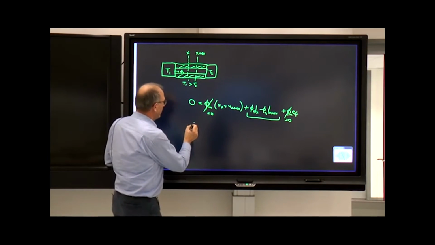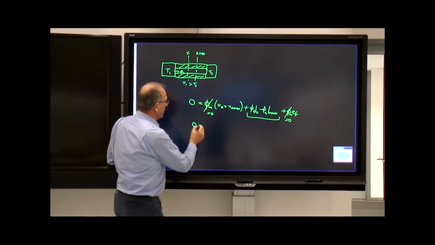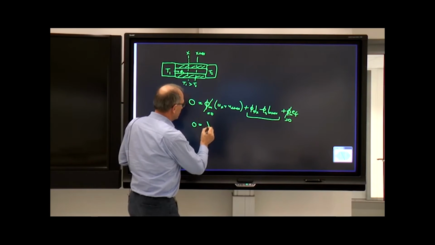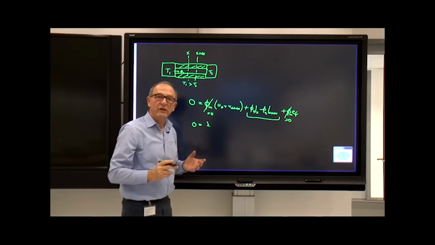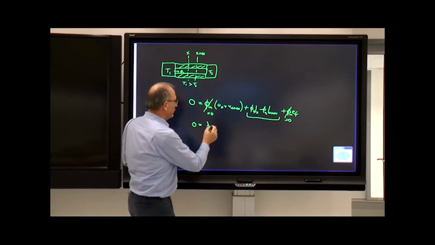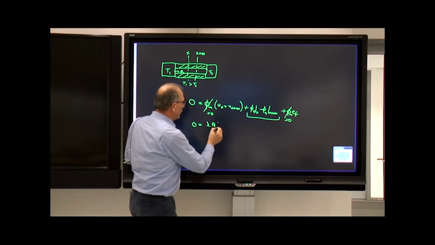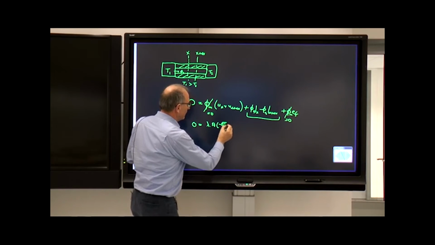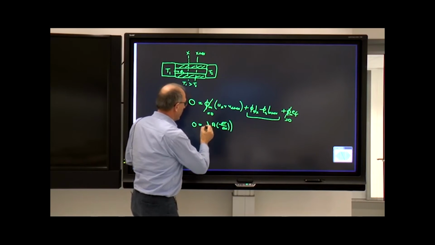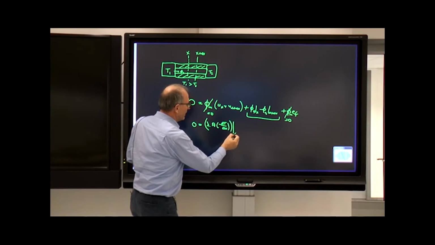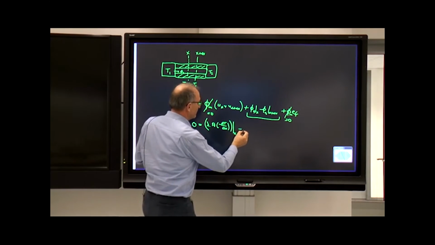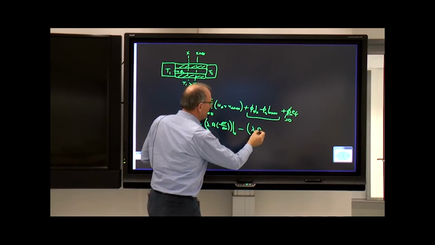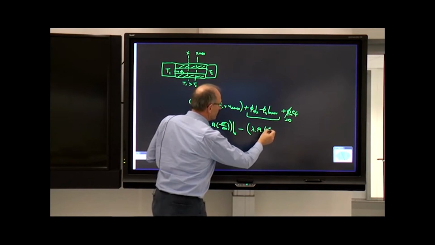So let's fill in these terms. Okay, what was phi q? Phi q was, according to Fourier's law, lambda multiplied by the surface area multiplied by the temperature gradient, and this all at the place x minus the same equation at the place x plus dx.